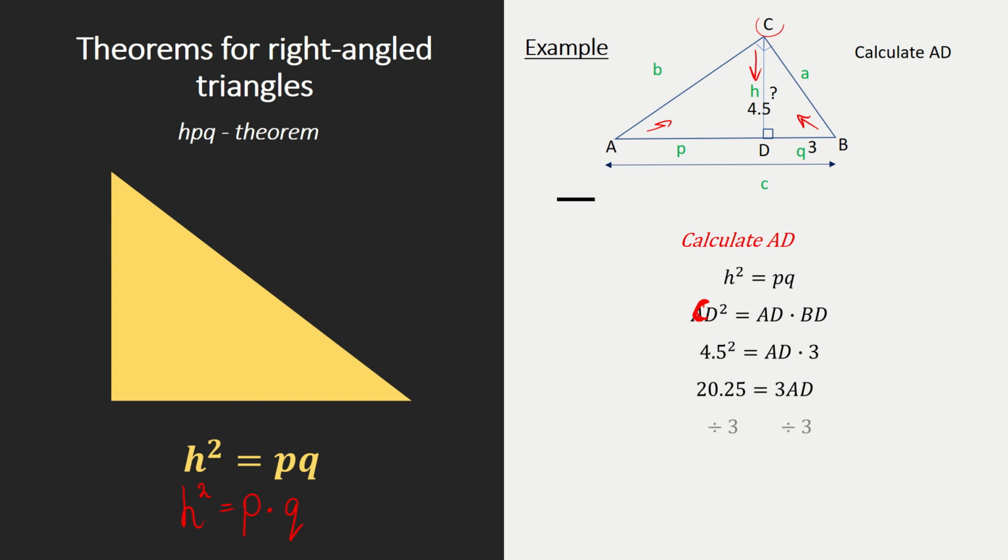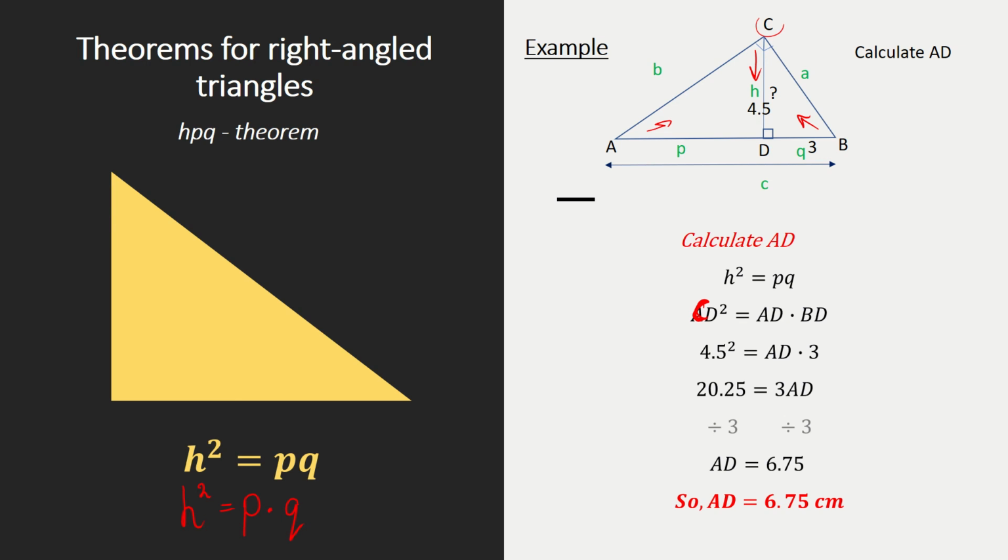We want to know what 1AD is, so therefore we need to divide everything by 3. So AD is 6.75. Please always give a conclusion, so AD is 6.75 centimeters.